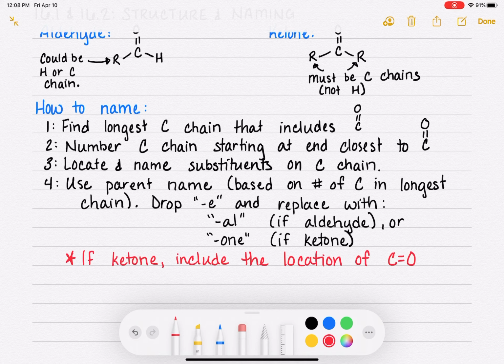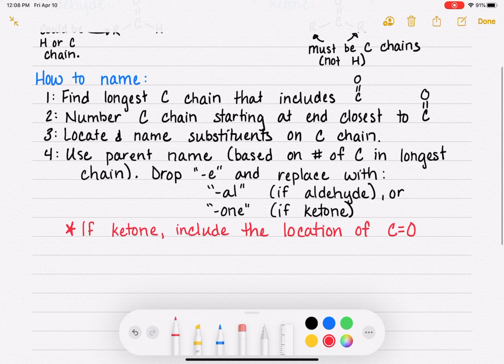So don't forget to include that, just like you would include the location of a carbon-carbon double bond or the location of a carbon-carbon triple bond. If we have an aldehyde, it is not necessary to include the location of the double bond.